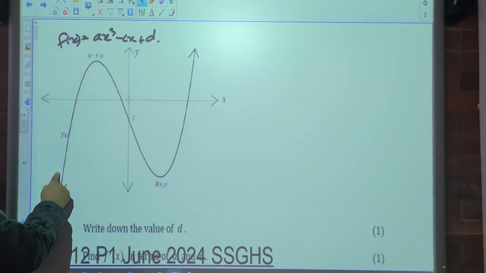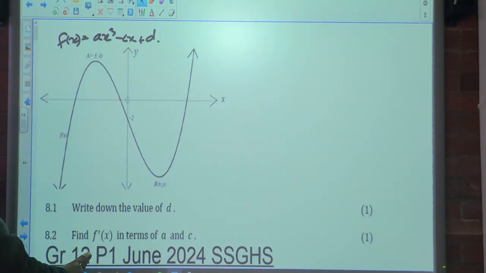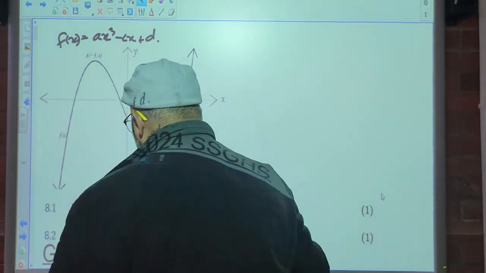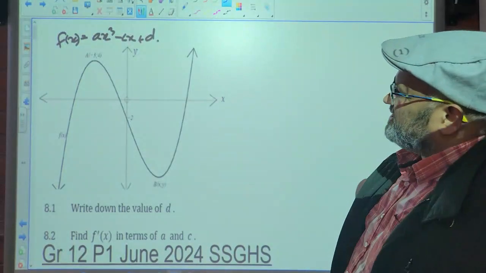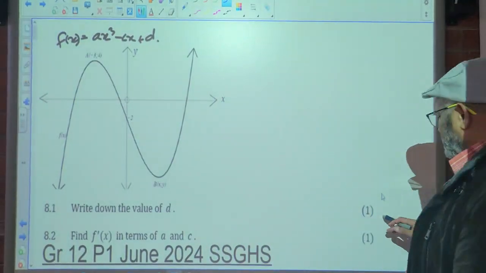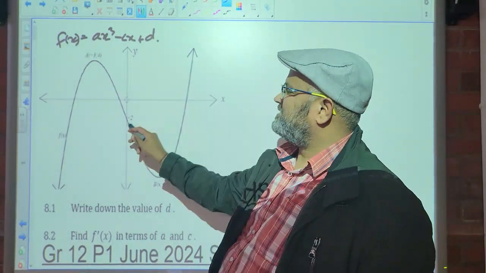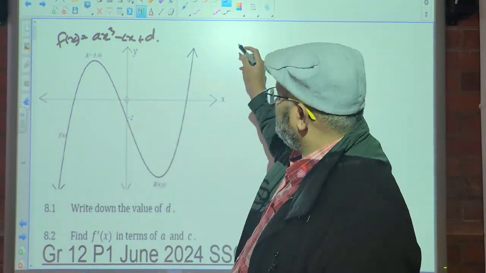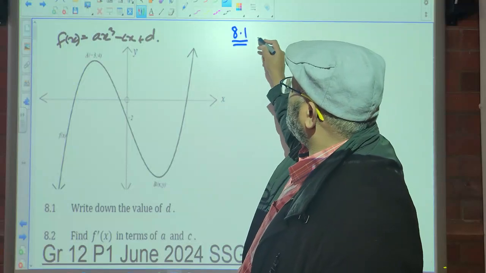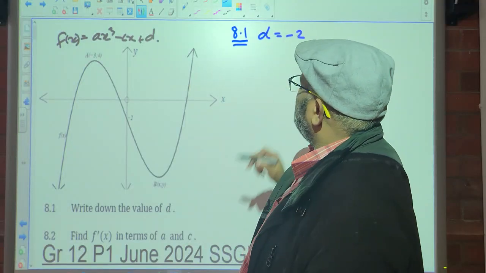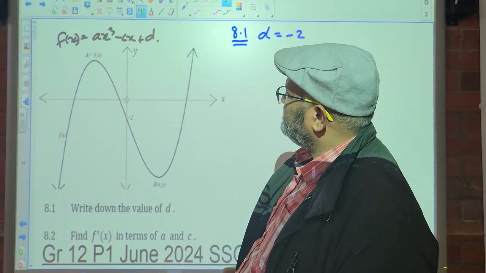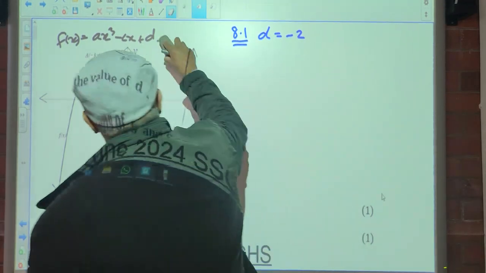First question, 8.1: find the value of d. People, we don't need to look far. We know that d is your y-intercept. It's minus 2, so the d gets replaced with negative 2.